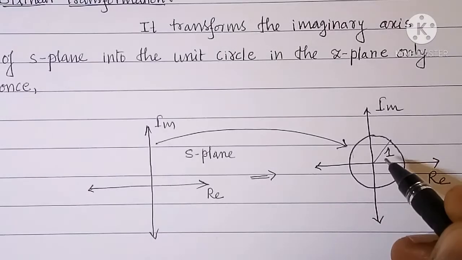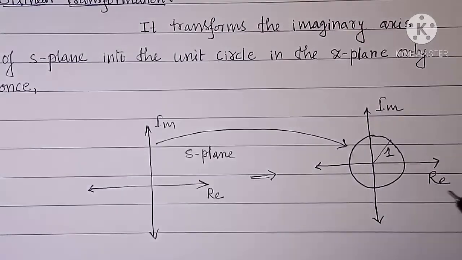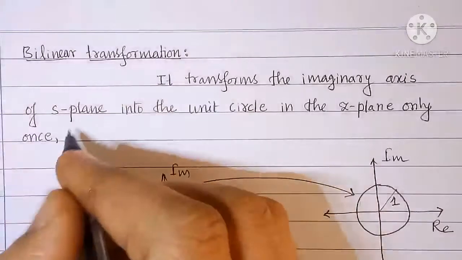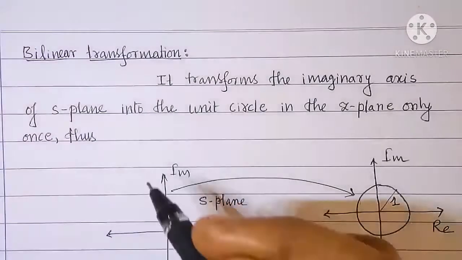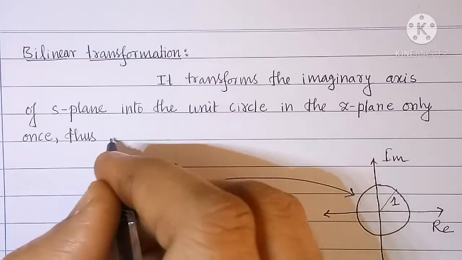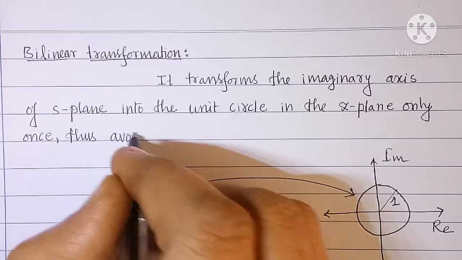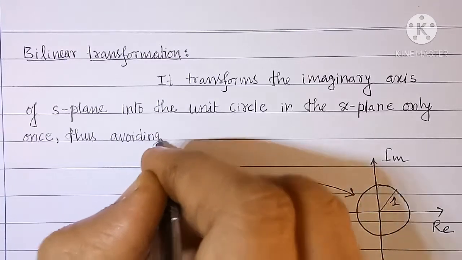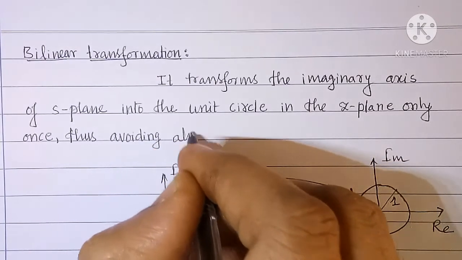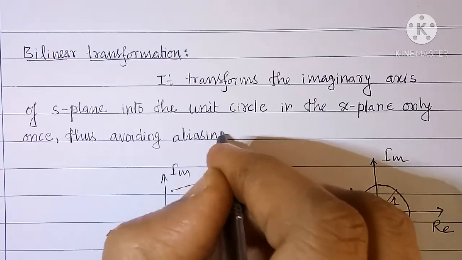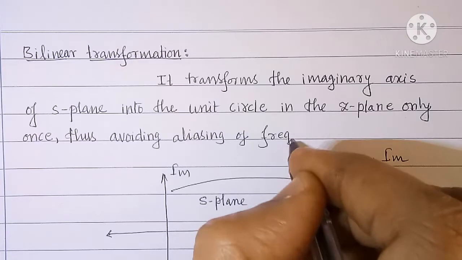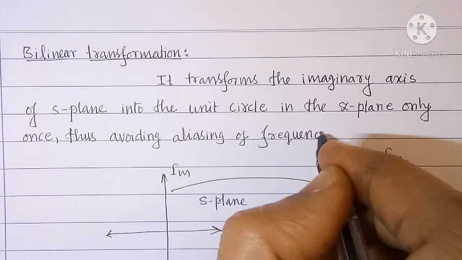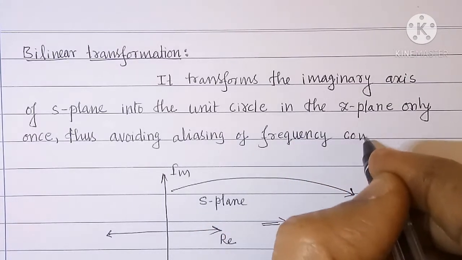If multiple circles are there, then there will be aliasing effect. Thus, avoiding aliasing of frequency components.